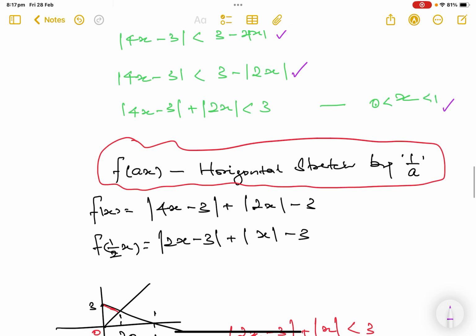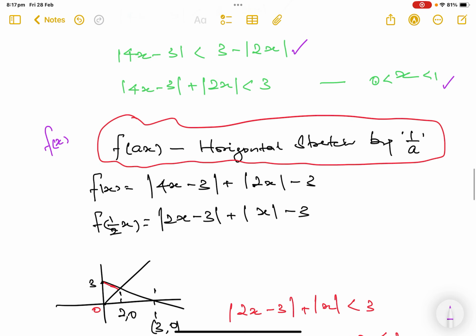We were asked something else, but we know another property. If we have f(x) and then f(ax), it will stretch horizontally along the x-axis by 1 over a. If a is 5, it's 1 over 5. If it's 6, 1 over 6.